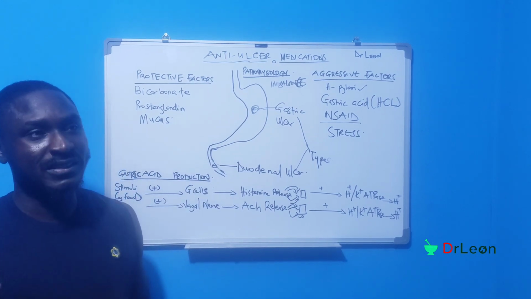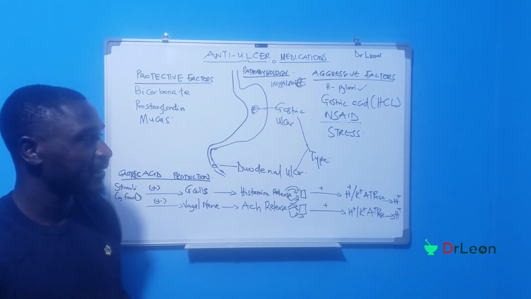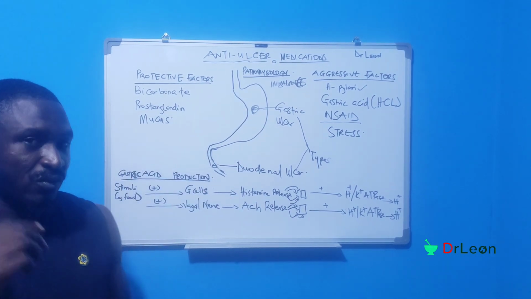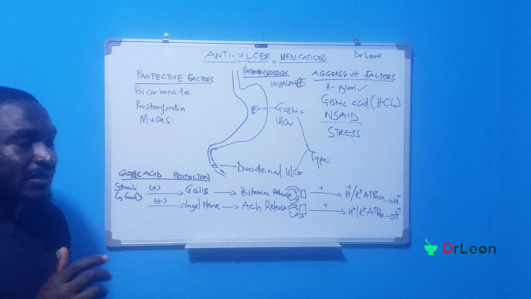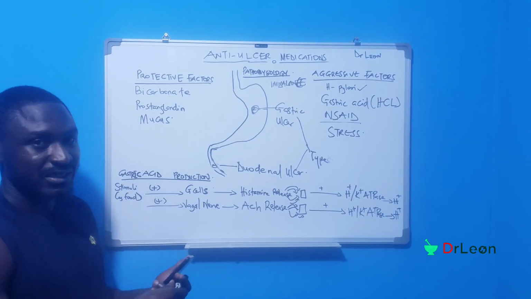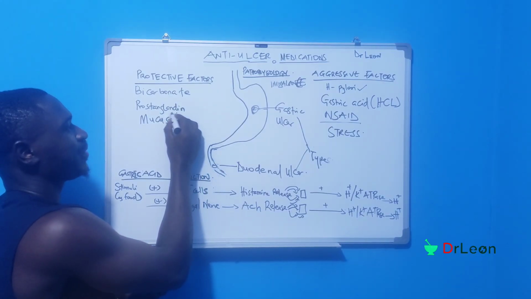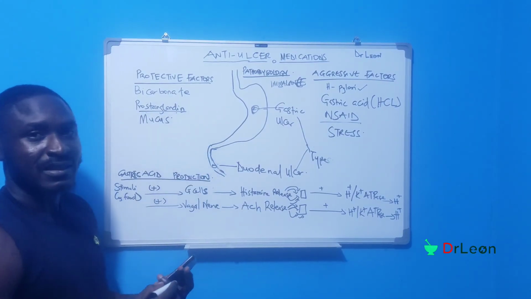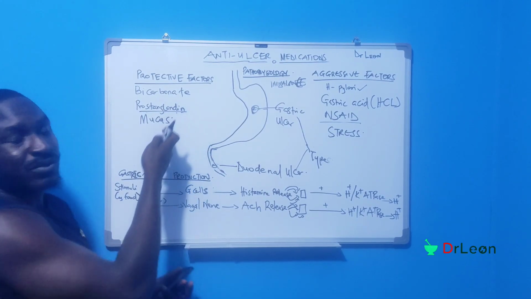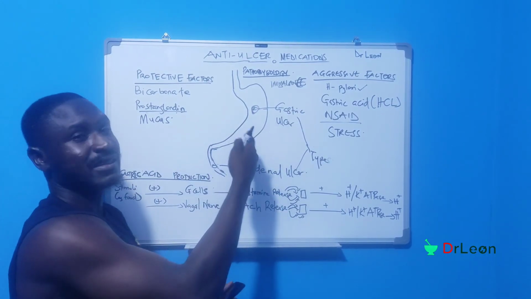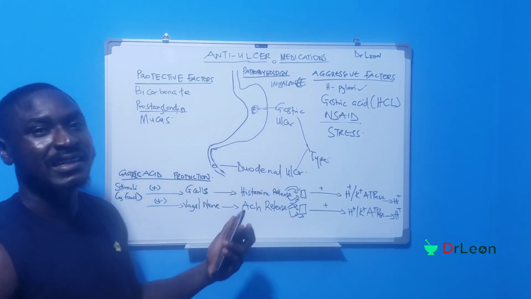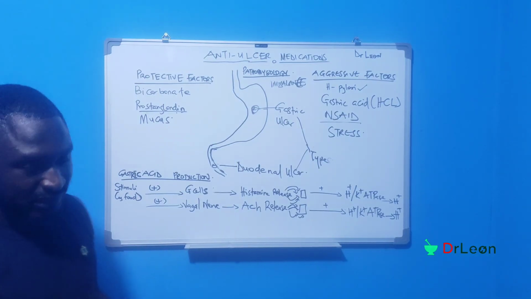Taking certain types of NSAID like diclofenac, based on how they work, we'll talk about it and you will understand, they actually reduce the production of a certain type of prostaglandin. And the prostaglandin, as we said, is a protective factor. So in that sense, there is an imbalance, and that can lead to what we call ulcer.